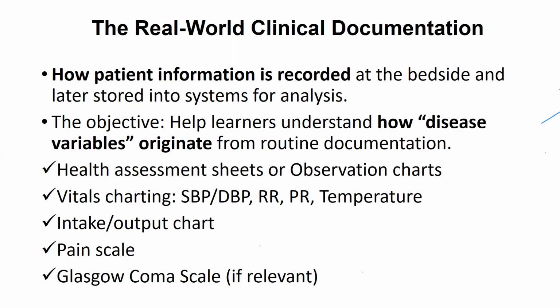For CKD patients, we have to keep intake and output in mind. Pain scale, if the patient is post-operative, we have to assess the pain scale also. And GCS, the Glasgow Coma Scale, is mainly assessed for neurosurgical, neurological or head trauma patients. So we have to assess these observations from nursing notes, patient charts, observation sheets, assessment sheets and doctor notes.